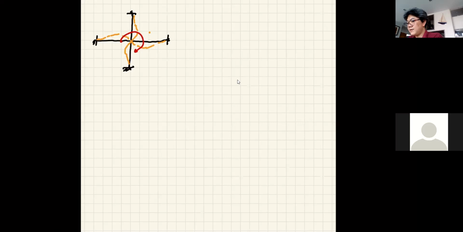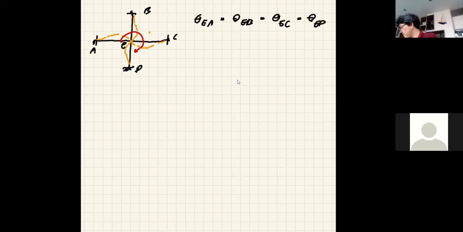You can recall that this is joint E, right? And honestly, I don't remember where I have the A, so I think that's the A, B, C, and D. So when I put my interest on my moment slope deflection equation, I should know that zeta EA should be equal to zeta EB, should be equal to zeta EC and zeta ED respectively.